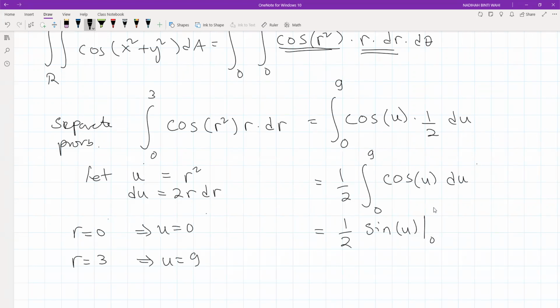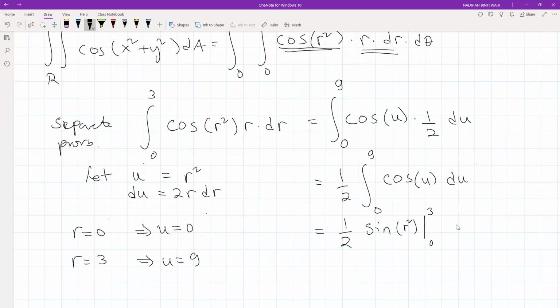So evaluate from 0 to 9. Let's say I did not want to use u. I can also go back to r. I can say sine u is sine r squared from 0 to 3. So it will be the same thing.